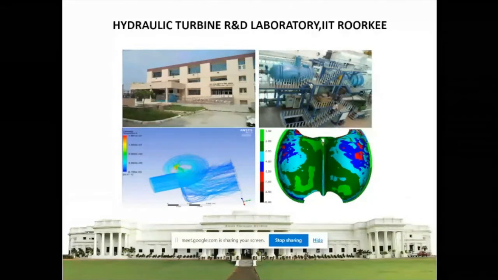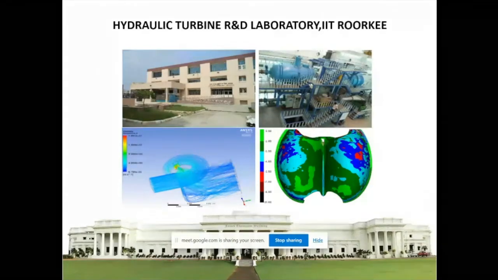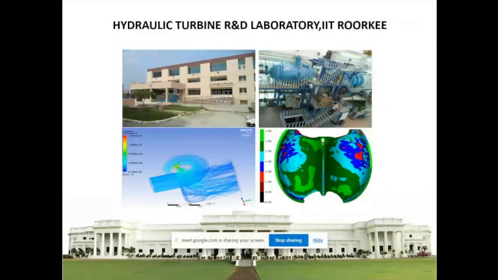So that kind of precise value we get from the model test result. Once we are sure that this turbine will perform at such a level at the prototype condition, then only we go for the prototype installation and prototype fabrication. But the first step is we need to carry out the CFD analysis.